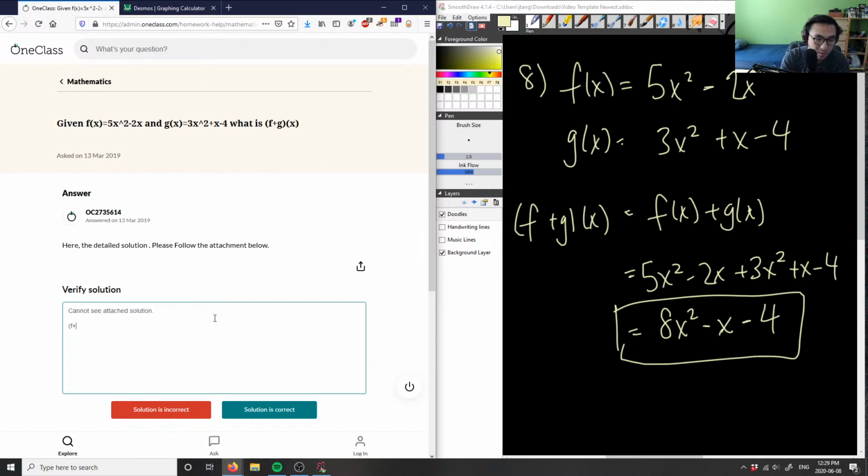So f plus g of x is equal to f of x plus g of x, which is going to equal 5x squared minus 2x plus 3x squared plus x minus 4, which will give me 8x squared minus x minus 4.